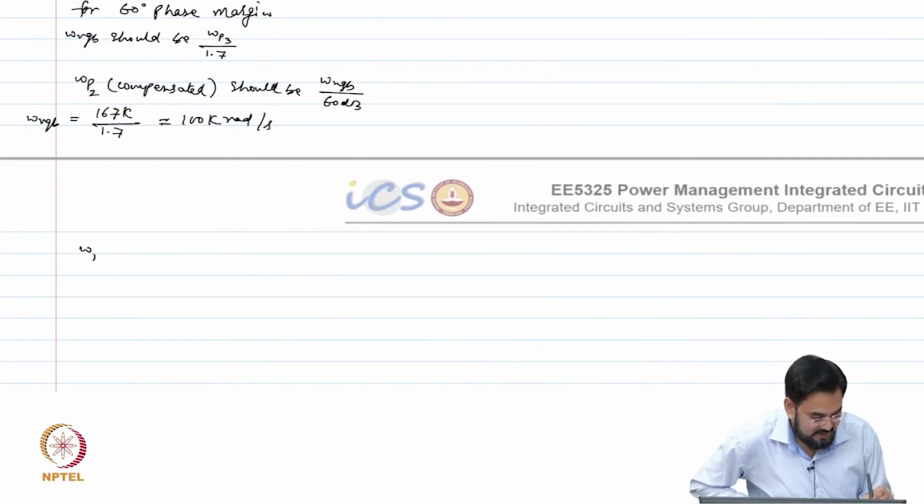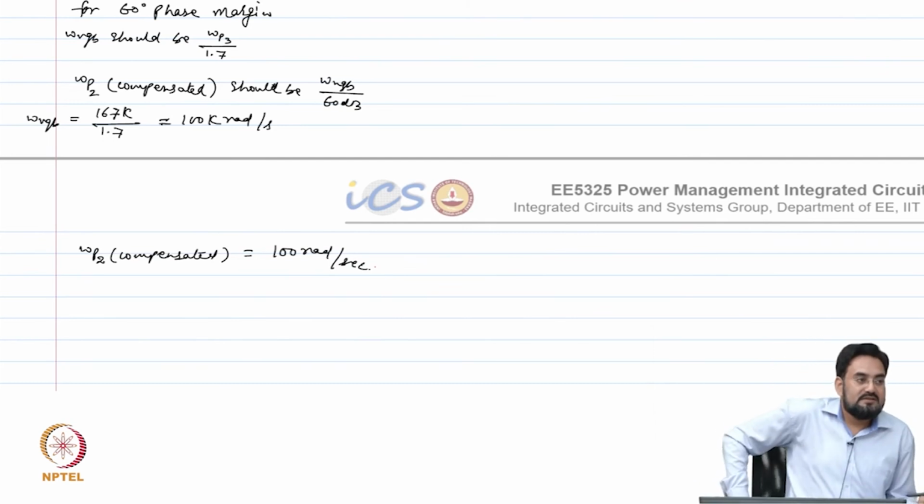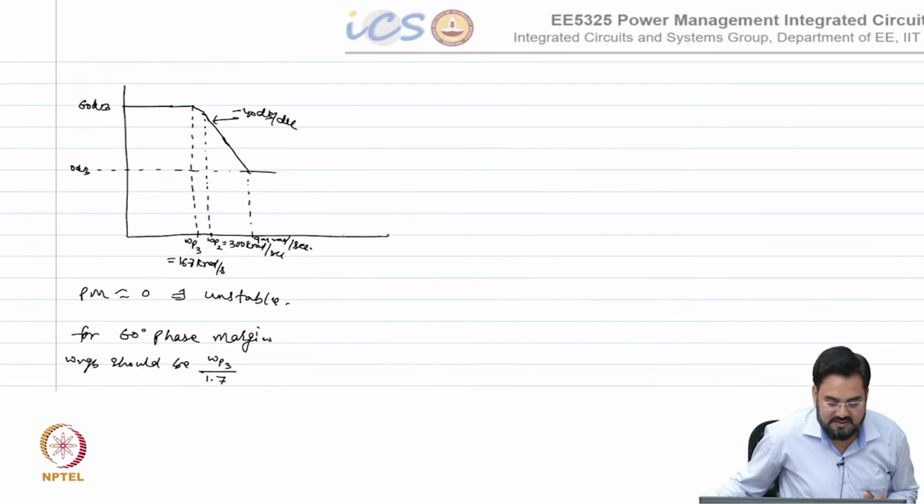And omega P2 compensated should be 100 K divided by 1000, correct? Now, you calculate the cap value from there.